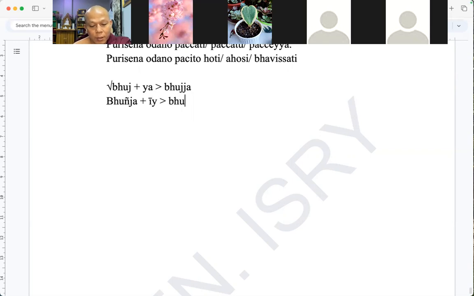So we have the bonjia base. Both of these are passive verb base. Boja is also a passive verb base. So after that, any tense, any mood can apply.